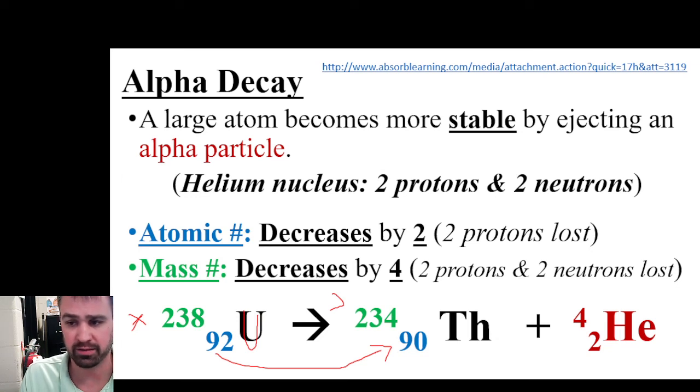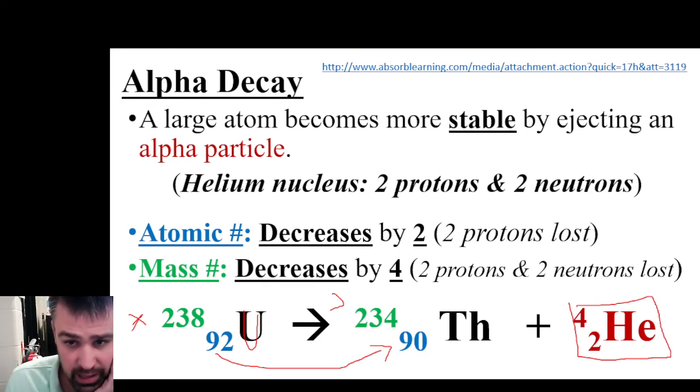Which means to get the right side to equal the left side, this is what has to have been emitted, okay? So the characteristics of alpha decay is that the atomic number decreases by 2, and the atomic mass decreases by 4.